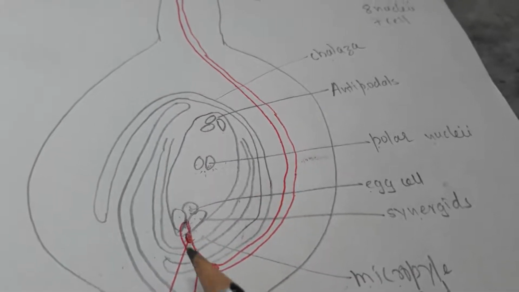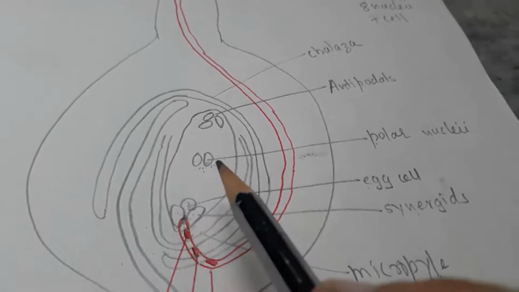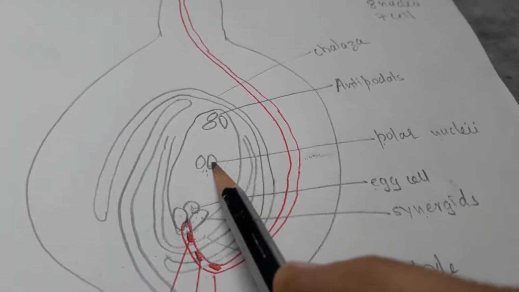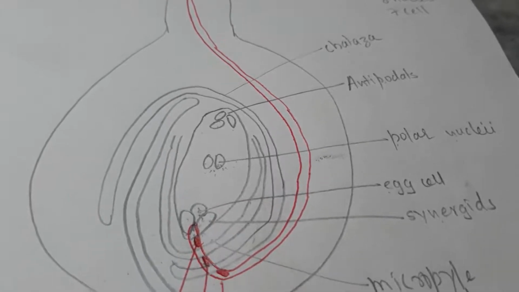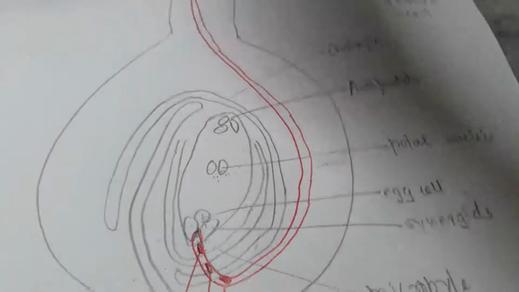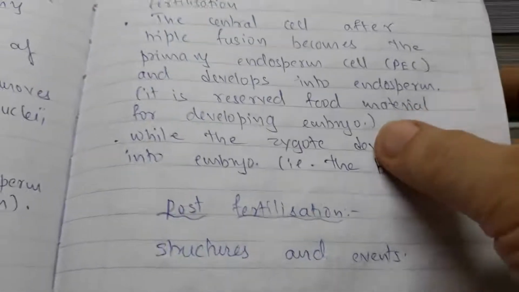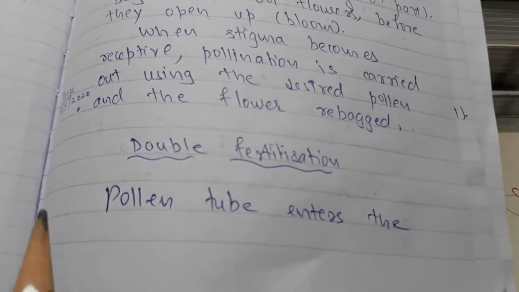So when this is fertilized, afterwards the seed is formed, the endosperm is this and the baby plant is this. Let us see the theory that I have over here, that is the double fertilization.